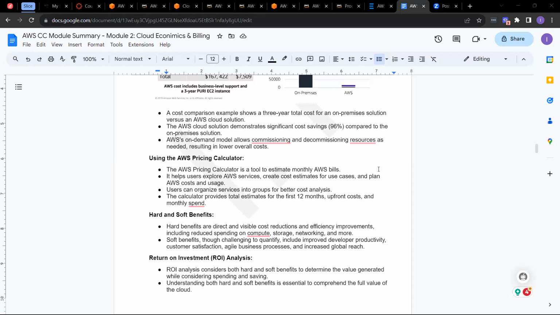I think over time, the cost explorer does a better job because it gives you month-on-month analysis and estimations for up to 12 months.